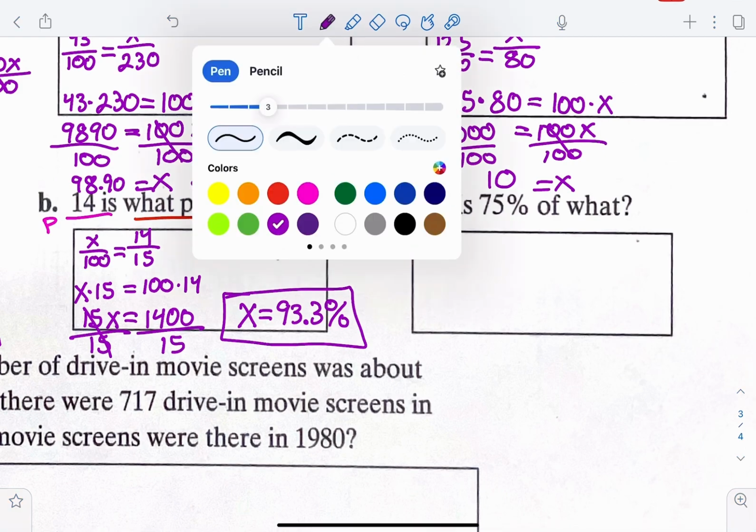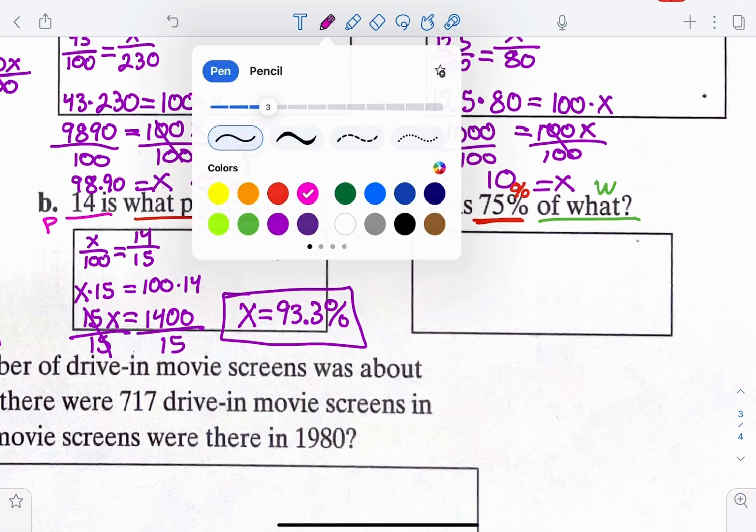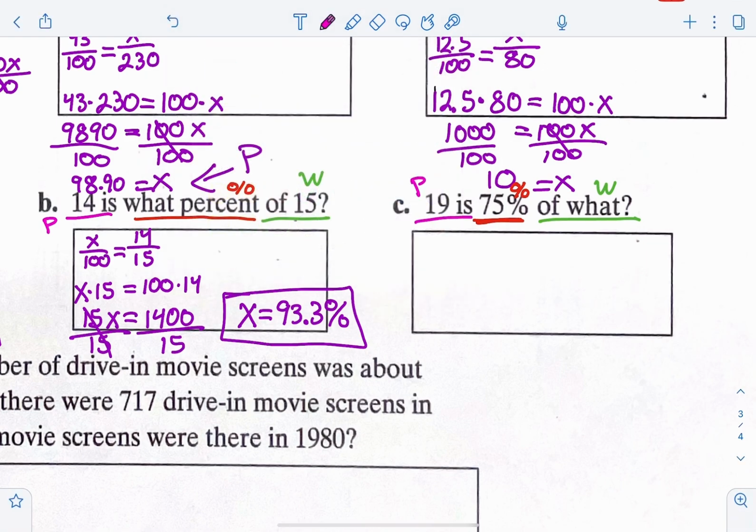All right, this time, 75%, so we know our percent. That is our percent. Of what? So what is our whole? We don't know. And then 19 is, so 19 is our part. So setting this up, percent over 100. So I have 75 over 100 equals part over whole. So we're going to have 19 over x because we don't know our whole and we know our part.